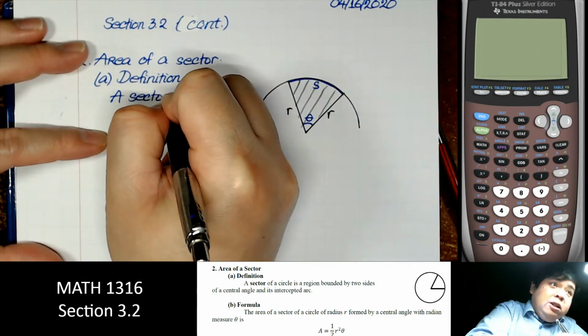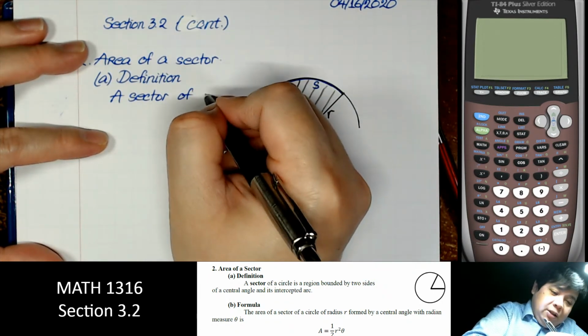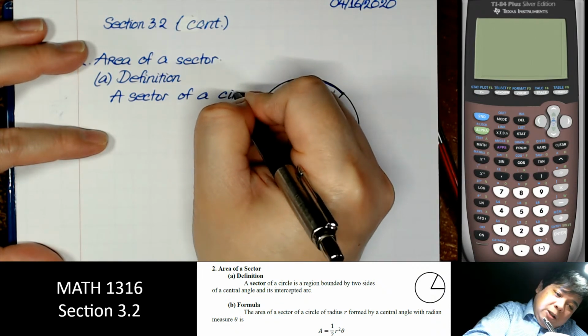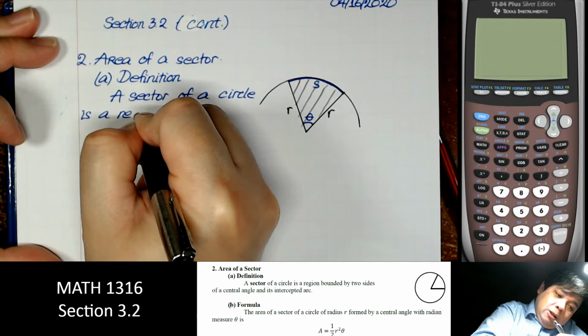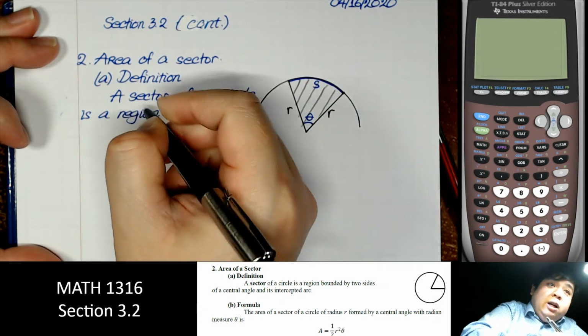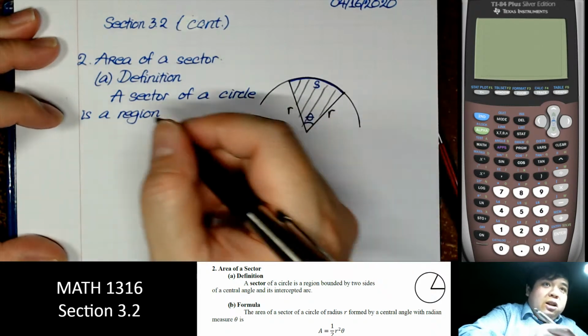A sector of a circle is a region bounded by two radii.